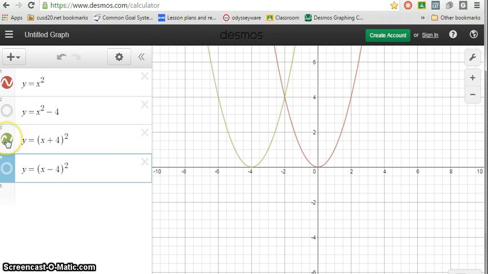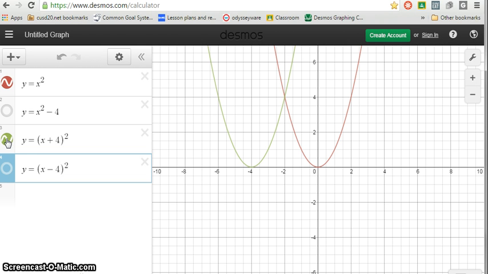Then we had the quantity x plus 4 squared compared to our original y equals x squared. And what happened here is it moved to the left 4. So just like we've graphed other lines, when it's on the inside, you go the opposite direction of the sign.